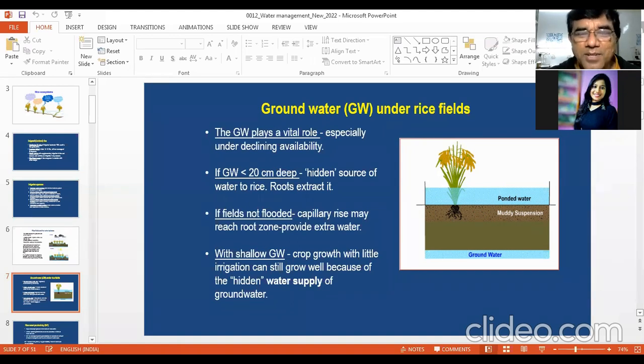Maybe 5 centimeter, 10 centimeter, you can get water. In some places, during rainy season, people just remove the soil and water oozes out. So there is a lot of variability in water table. But wherever water tables are shallow, a good amount of water can be extracted by rice.